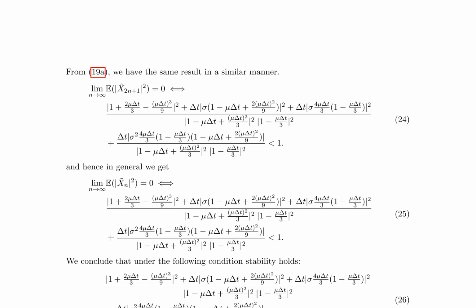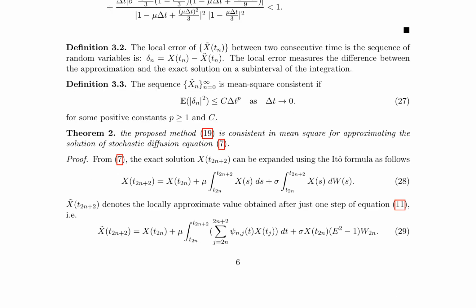The authors then prove theorem 2, which states that the proposed method in equation 19 is mean square consistent for approximating the solution of the stochastic diffusion equation in equation 7. The proof involves expanding the exact solution x(t_{2n+2}) using the Ito formula, given by equation 28, and comparing it with the locally approximate value x(t_{2n+2}) obtained from equation 11, as shown in equation 29.